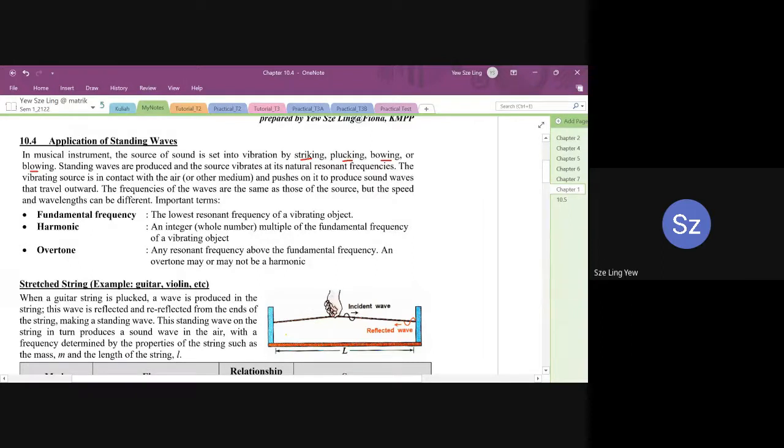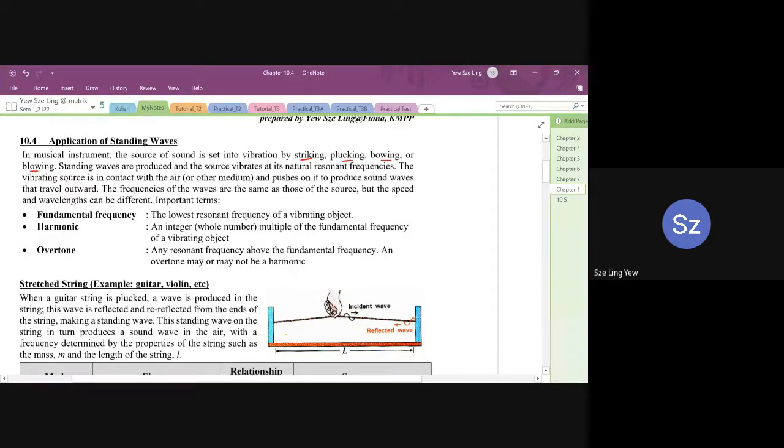The vibrating source is in contact with air and it pushes the air to produce sound wave. That's why when you pluck the guitar, the vibrations of the string vibrate the air particles around the string. The vibrations of the particles then travel towards all directions, and that's why you can hear the sound when you pluck the guitar.